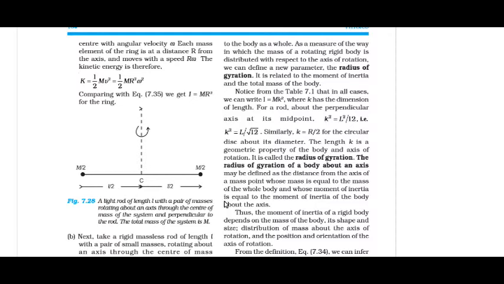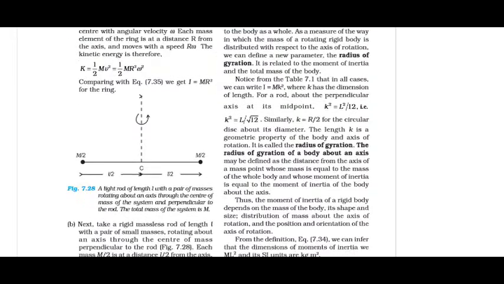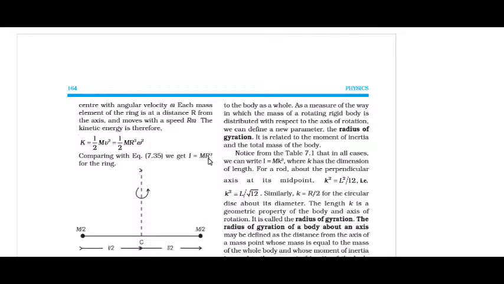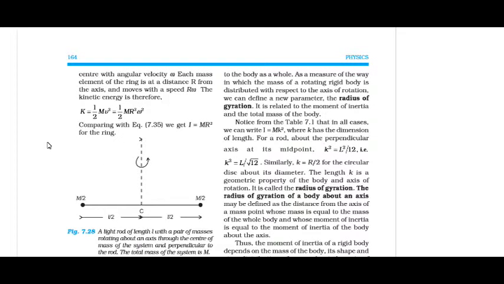If we put m r square as I, then in equation 7.35 K is equal to half I omega square.